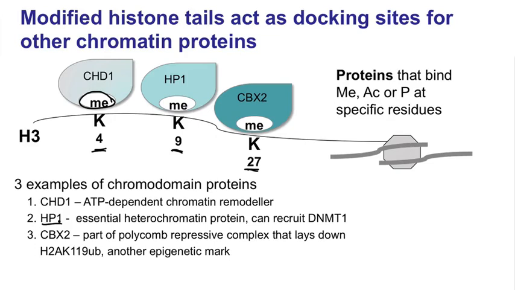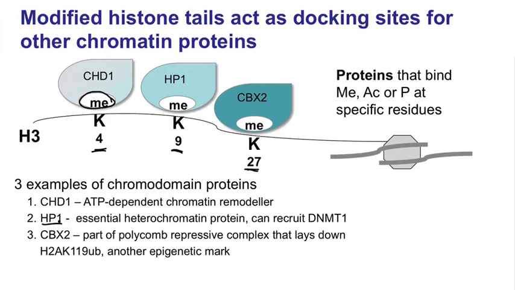HP1 is actually called heterochromatin protein 1, so it's certainly associated with heterochromatin, and it's one of the earliest heterochromatin proteins to be discovered. HP1 can actually bring in DNA methyltransferase 1, which then methylates the neighbouring CpG dinucleotides.